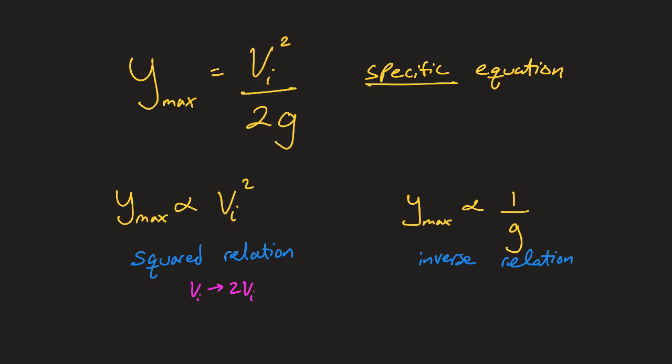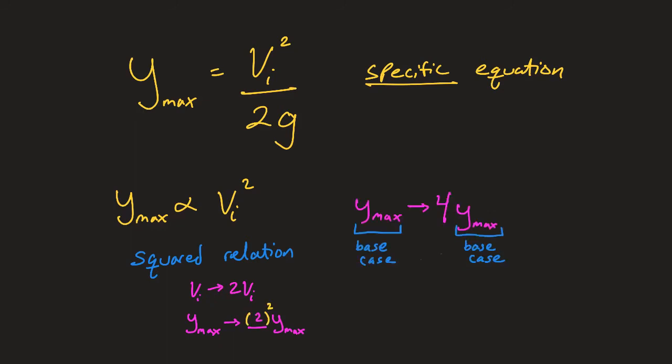We're doubling it, and we want to know what effect that has on the maximum height. So what is this number right there, using the proportional reasoning skills that we have seen before? Okay, pause the video and figure it out.